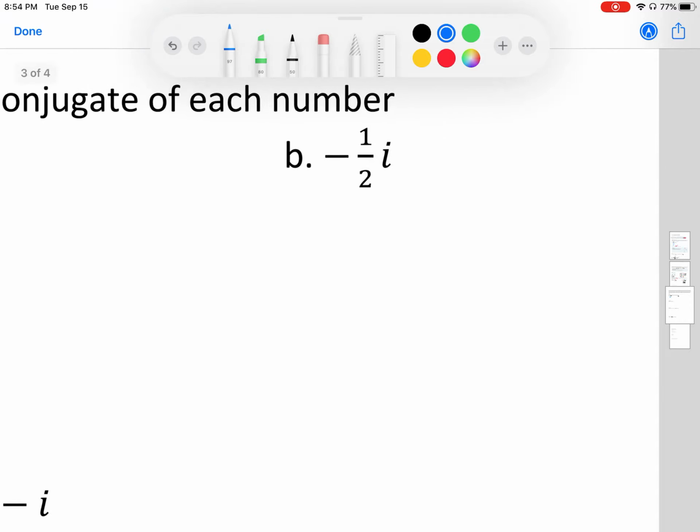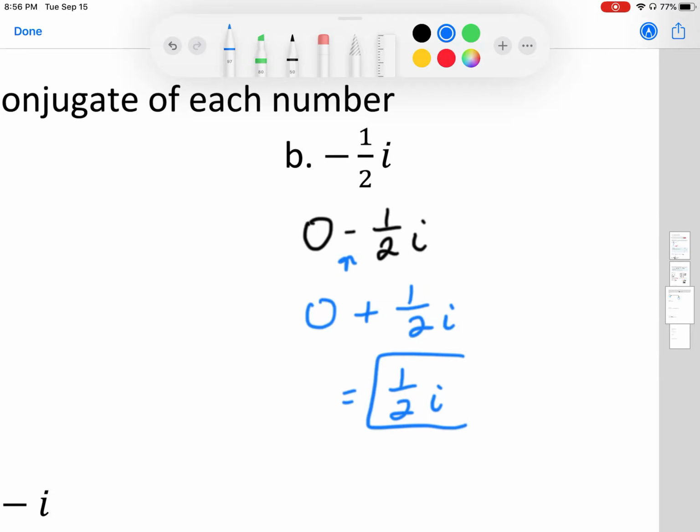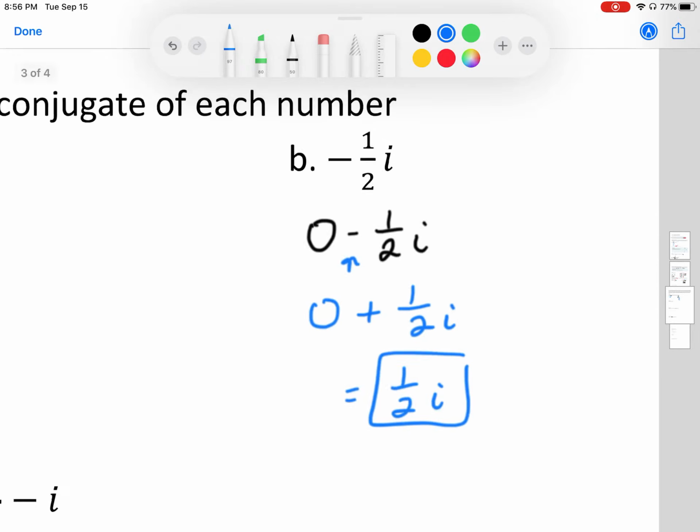Next problem, we have minus 1/2 i. Now, it's helpful if you write it in standard form. So I have 0 minus 1/2 i. Therefore, its conjugate would be 0 plus 1/2 i, or just positive 1/2 i.